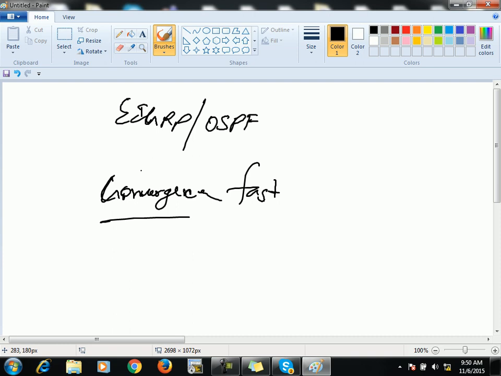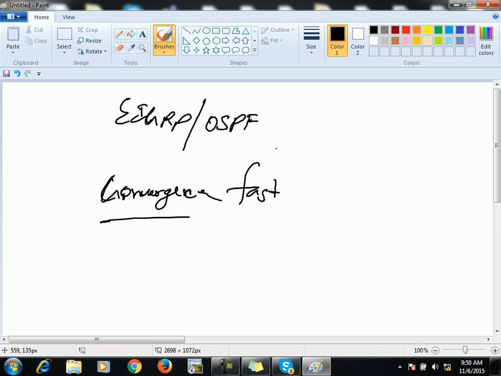Like if you are adding a new network into RIP, or removing a network from the RIP domain, it will be propagated throughout the network immediately, right? Overall, convergence in IGP is good, but the problem was that they cannot handle more than 1,000 prefixes in their routing table. And in EIGRP it is mandatory to have the same ASs. In OSPF it is mandatory to have the same areas.